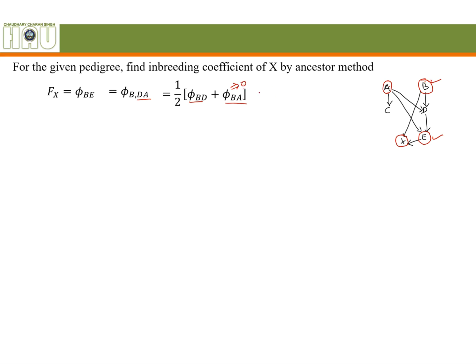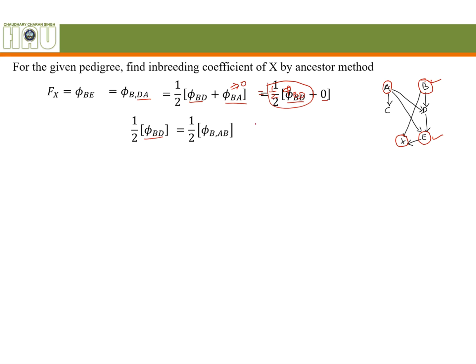And we are left only with 1 by 2 phi of BD. So actually we are finding out the value of this term, which is 1 by 2 phi BD minus 0, that is half phi BD, which can be further expanded.